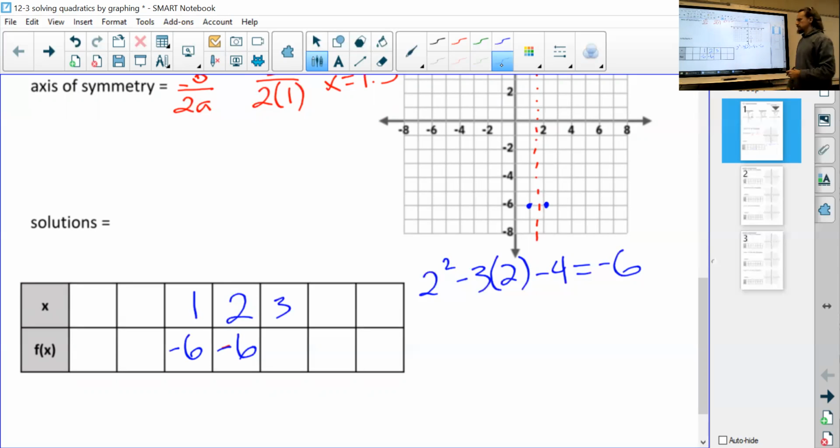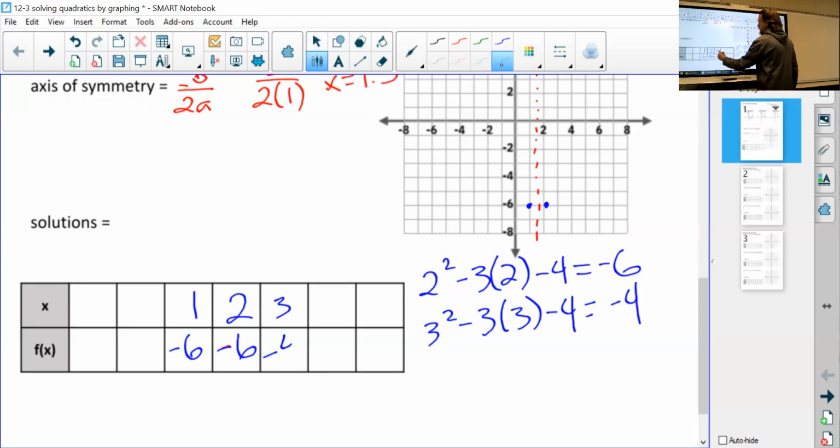What about when x is 3? Same thing, so 3 squared minus 3 times 3 minus 4. So we have 9 minus 9 minus 4 more is negative 4. So I can plot that point, 3, negative 4.